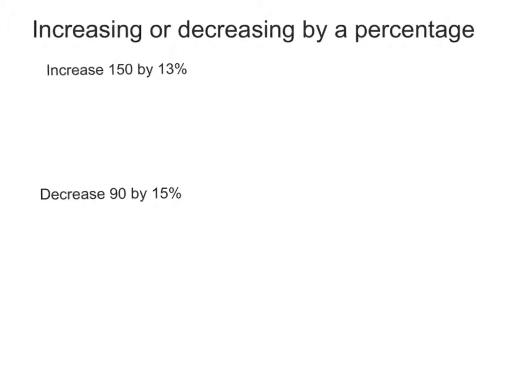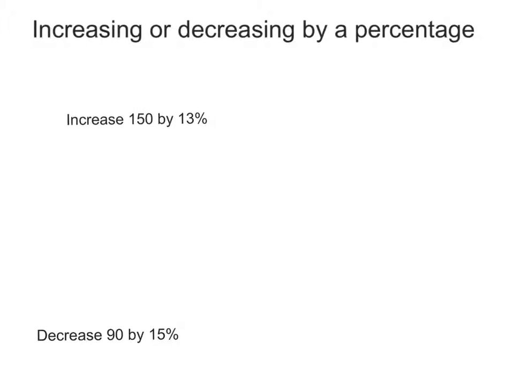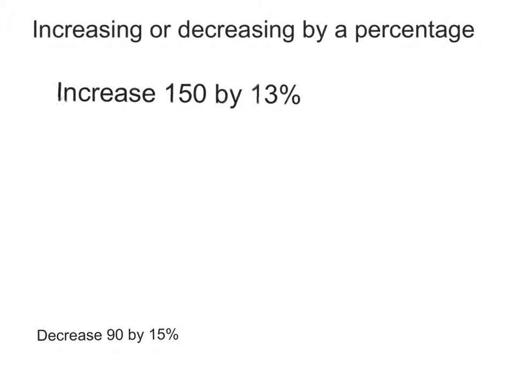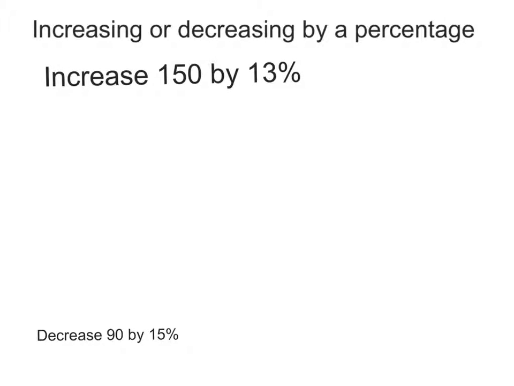Okay, increasing or decreasing by a percentage. Now this is why I encouraged the multiplier method earlier, because that now means that this becomes easier to do. So starting with increasing 150 by 13%. Option 1, which is the way I wouldn't recommend, is to get 1%. So divide by 100, so 1.5. Get 13%.